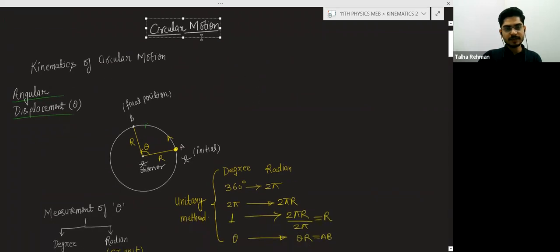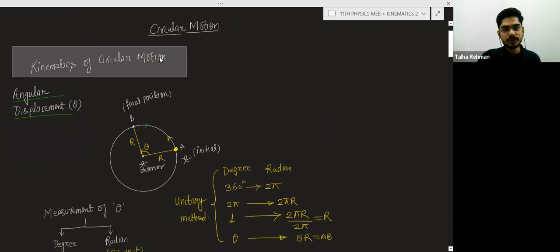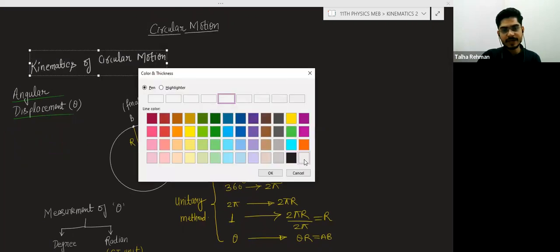Write down the heading: circular motion. The chapter is circular motion, and after that write kinematics of circular motion. After that write the angular displacement theta.